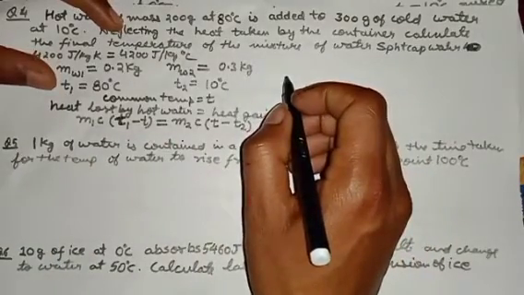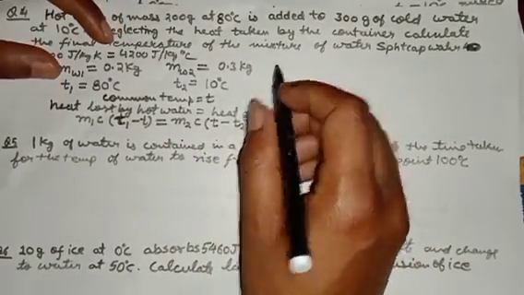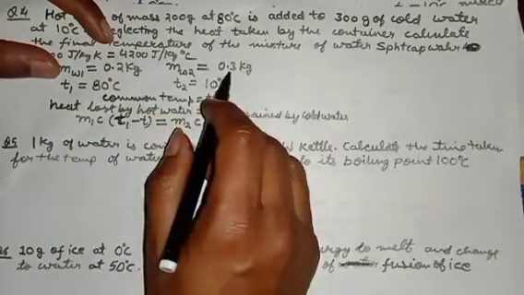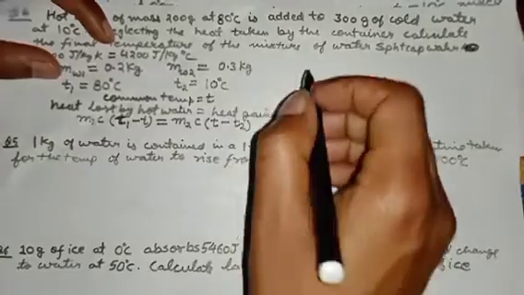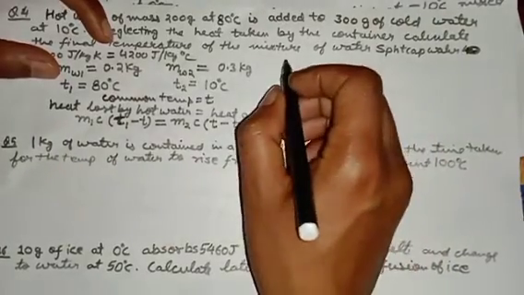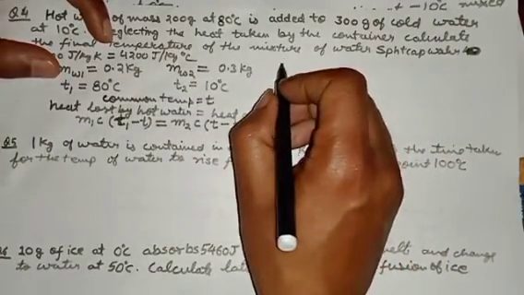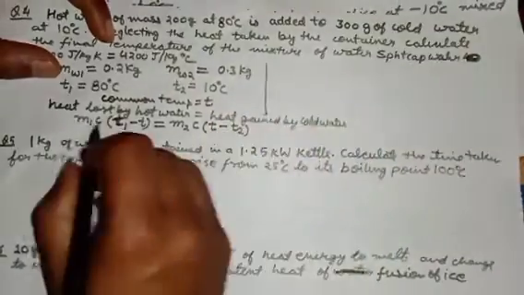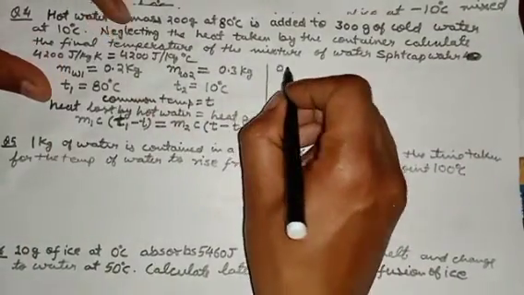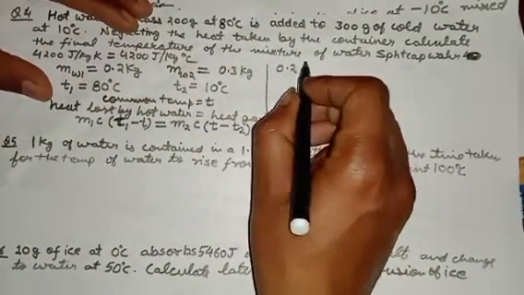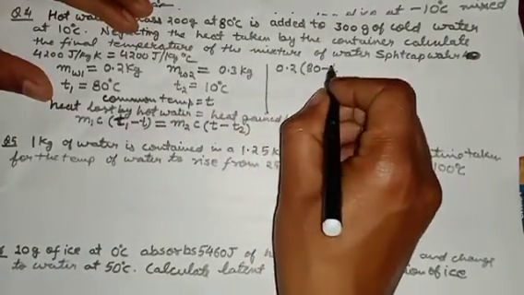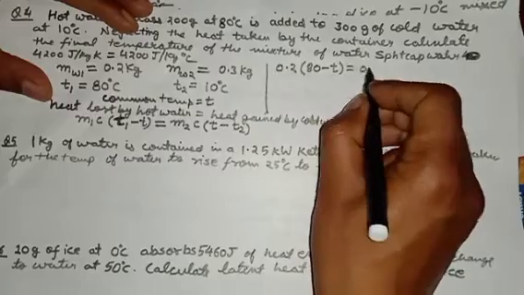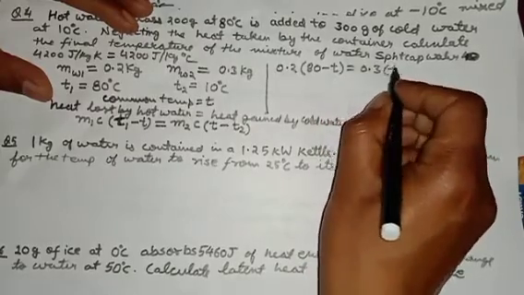So, here I converted them into kgs, but it wasn't required because on both sides it would be in gram. But that's a good habit to write the values in SI units. That's all. So now we can put the values. M1 is 0.2, C is not there, T1 80 minus T equal to 0.3, T minus 10.